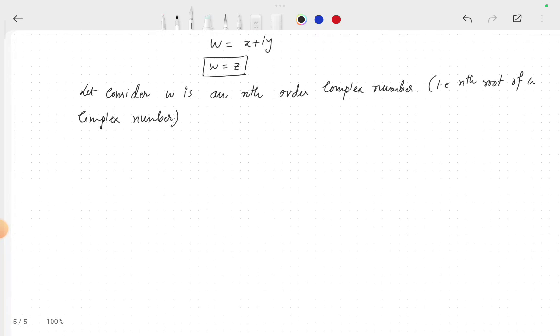Then w to the power n equals z, that is, w equals z to the power 1 by n, where n is a positive number. Just focus, n is a positive number.